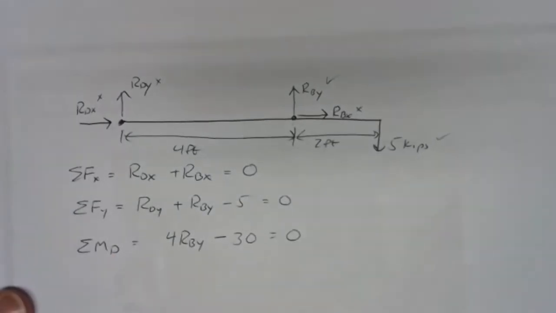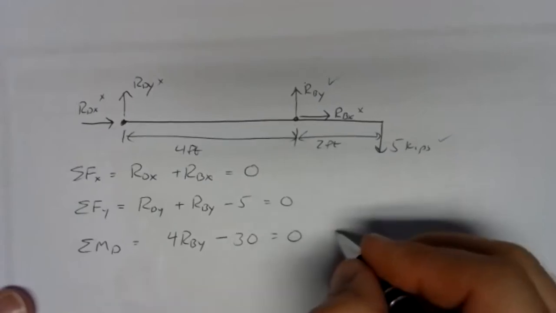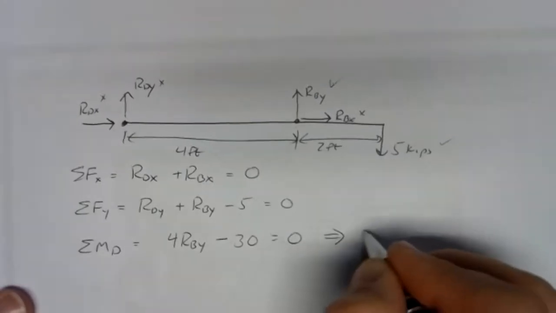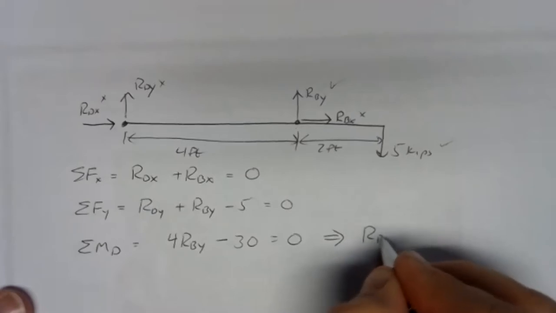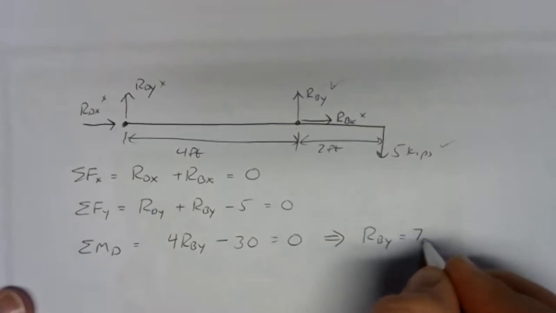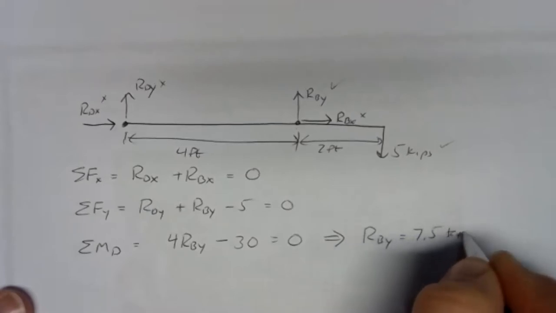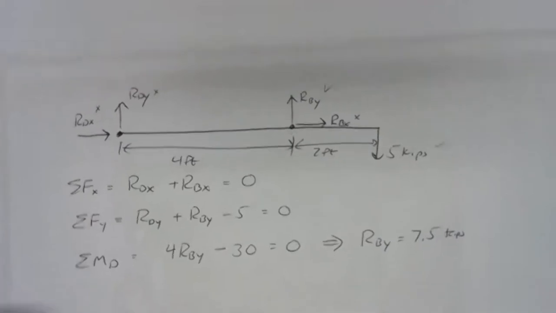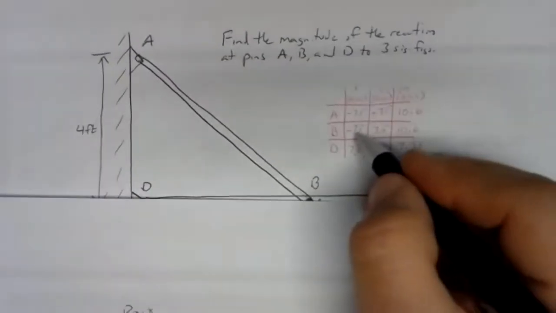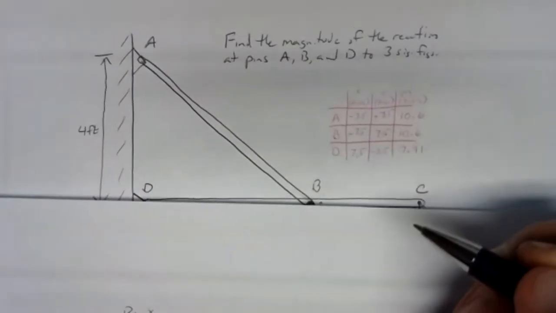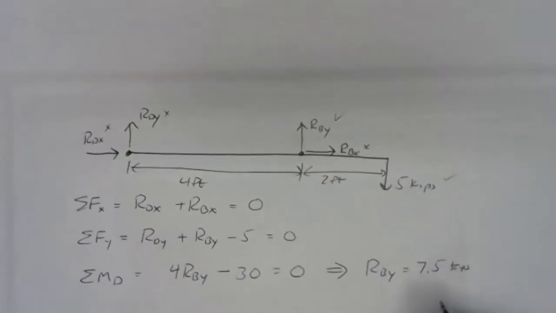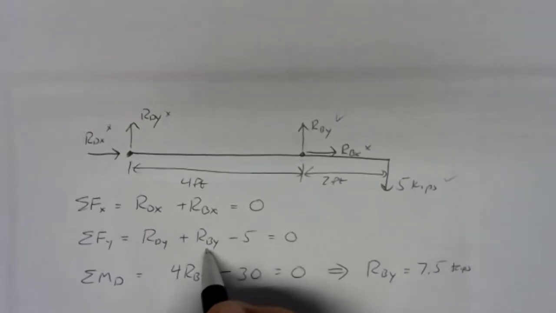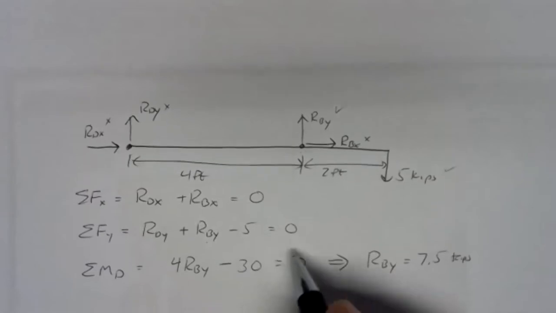Well, those equations we can work with. We can solve RBY directly. Add 30 to both sides, divide by 4. RBY comes out to be a positive 7.5 kips. And we can put that into our table. RBY is a positive 7.5 kips. And let's see, RBY we can use in the y direction equation.